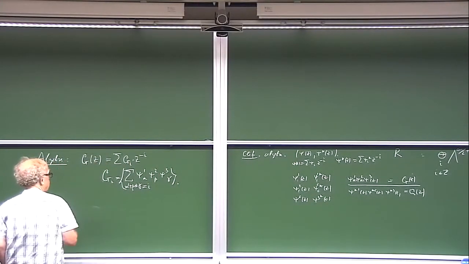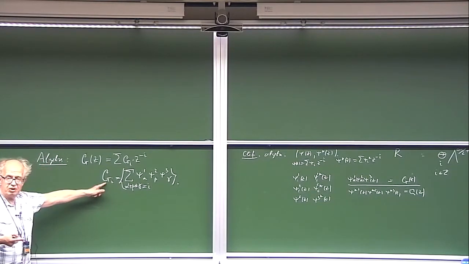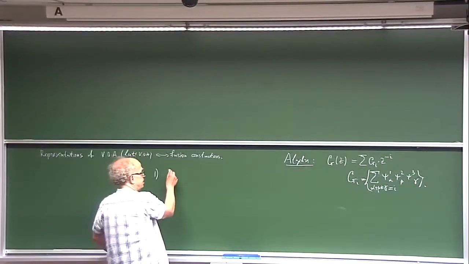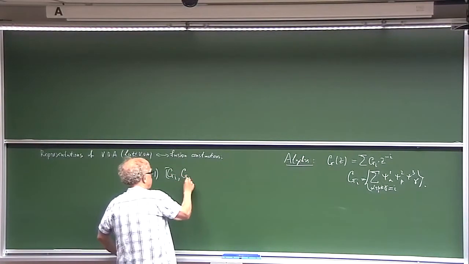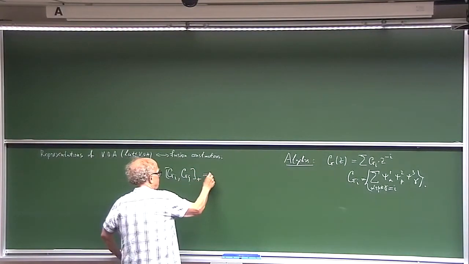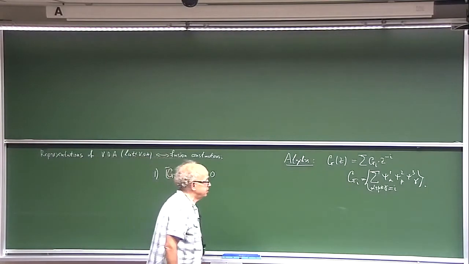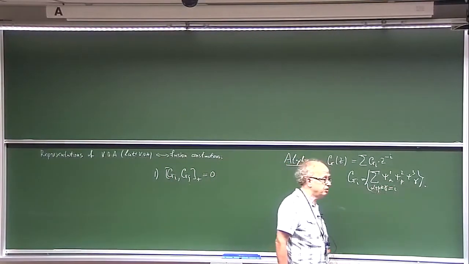So let me repeat, or just formulate again, what we know about these operators G_i. We know two things. One thing is that the anticommutator of G_i and G_j equals 0, because they are fermions, skew-symmetric things, and we have a product of 3.